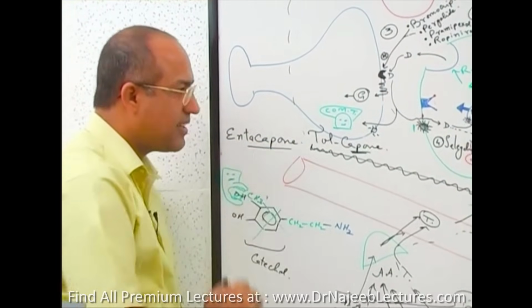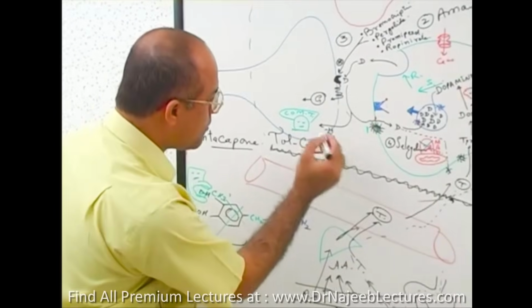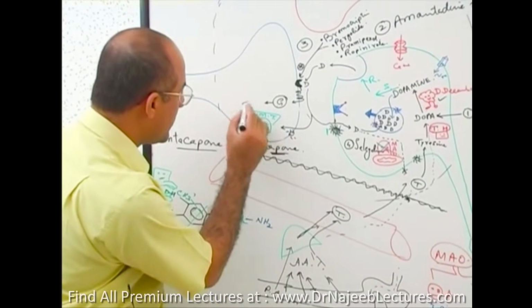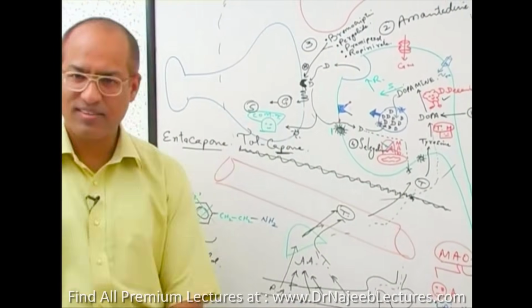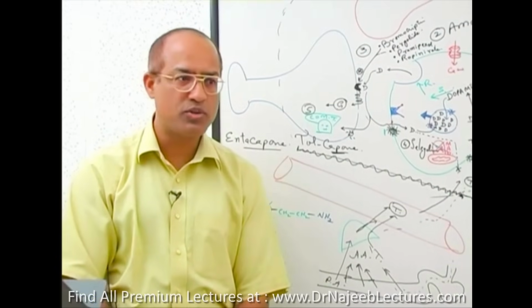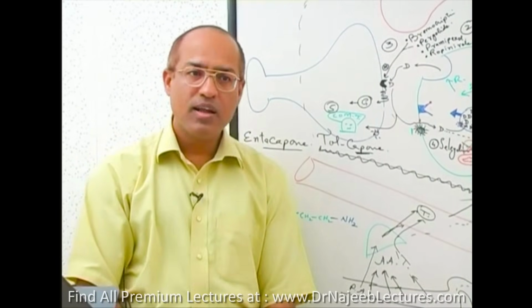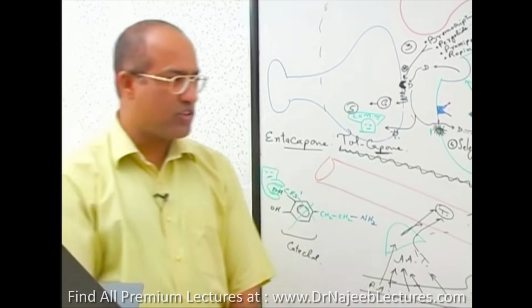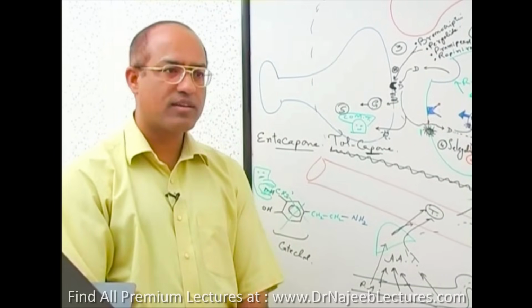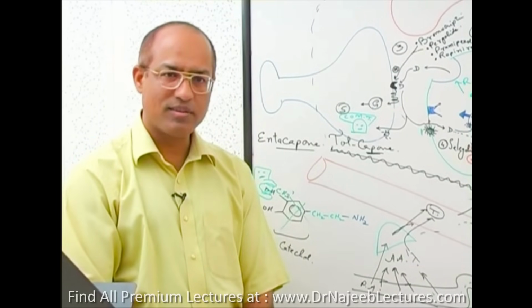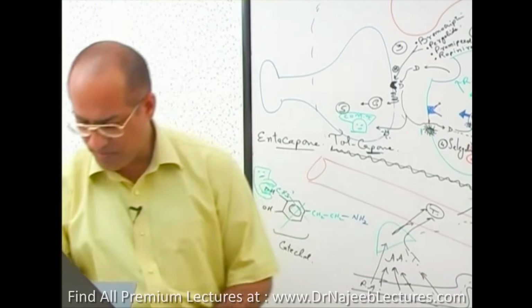So we can say strategy number 5 is to inhibit the COMTs. That also reduces the destruction of dopamine, especially in the central nervous system. The drug is Tolcapone.